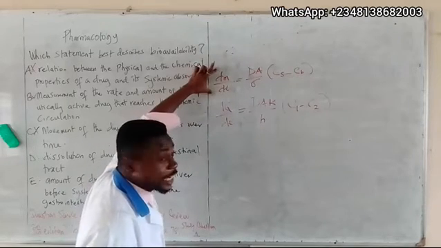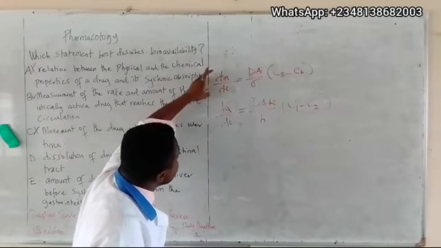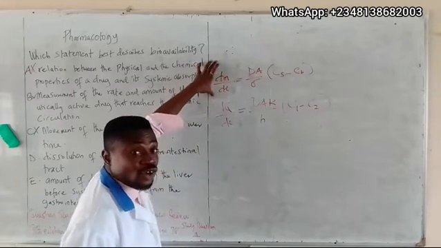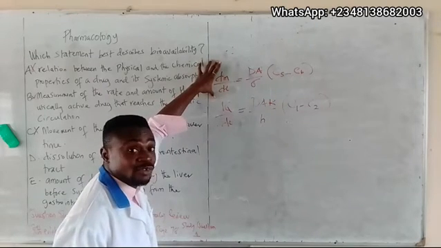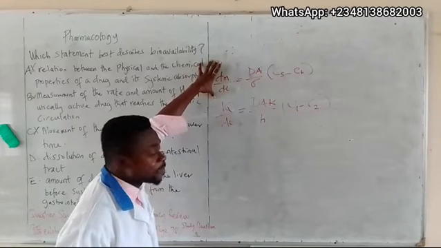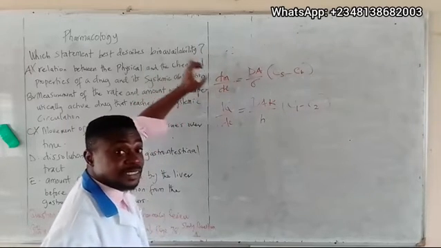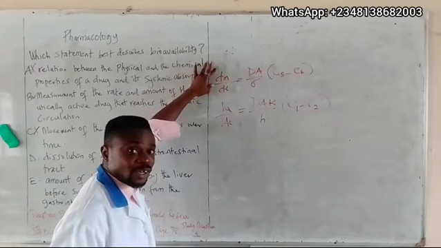This is the Noyes-Whitney equation. This one talks about the diffusion controlled rate of dissolution of a drug. Now, remember, dissolution is the rate limiting step. This is the rate we are talking about.